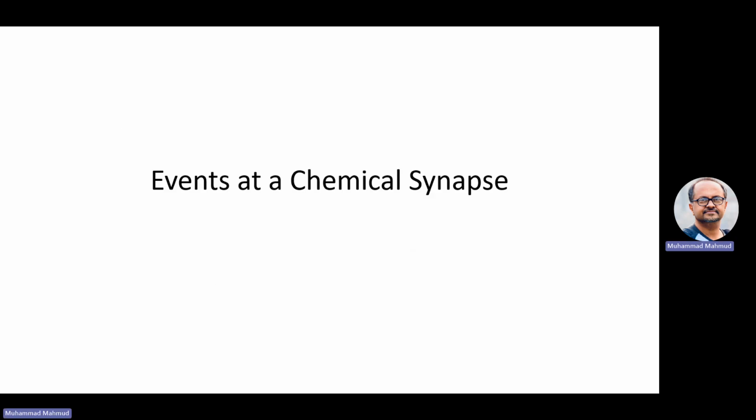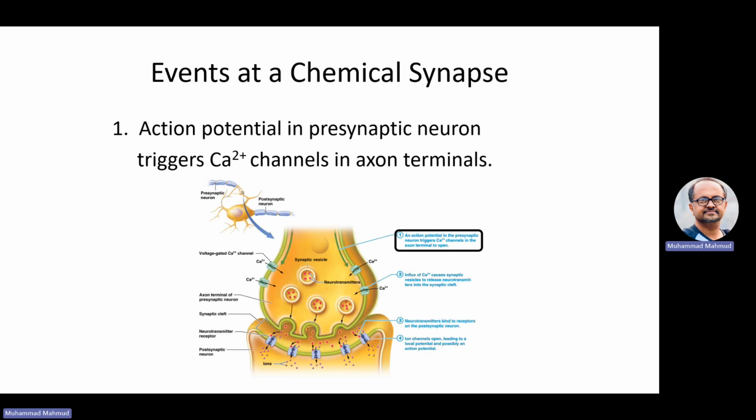Now let's take a look at those events at this chemical synapse. There are 4 events taking place. Number 1 is the action potential. In the presynaptic neuron, when the action potential arrives, it will trigger the calcium channels in the axon terminal.